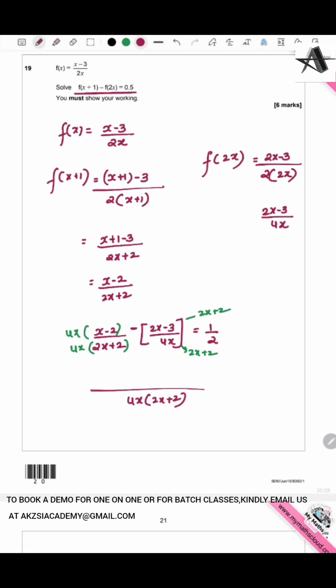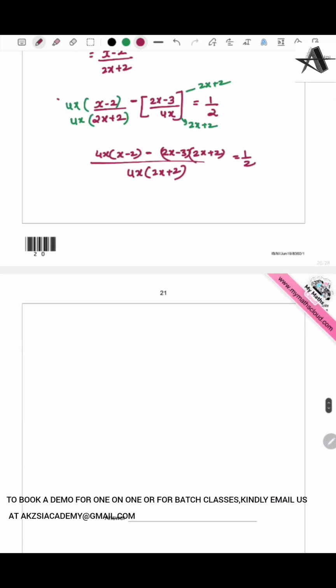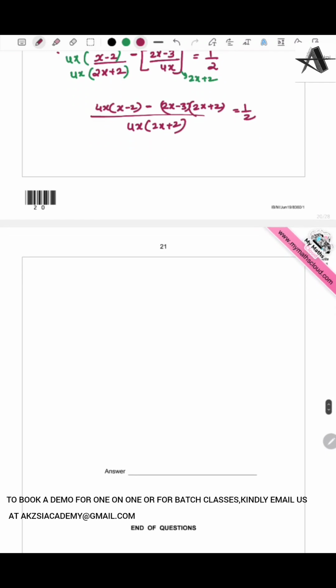So now your final will be 4x times (x minus 2) minus (2x minus 3) multiplied by (2x plus 2), equal to half. Let me simplify it further. 4x times x is 4x squared. 4x times minus 2 is minus 8x.